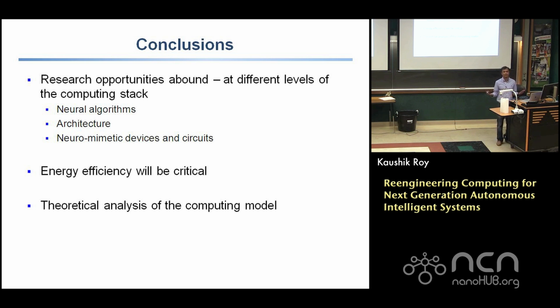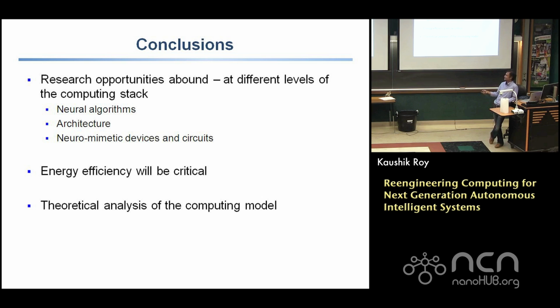But in conclusion, what I really wanted to say is that, since you are all undergrad students, if you do end up going for graduate studies, or if you end up taking a job, there's plenty of research opportunities at the different levels of abstraction. So there's plenty of room, not just at the bottom, but also at the top. Neural algorithms, architecture, devices, all those are different areas that one can potentially work on.